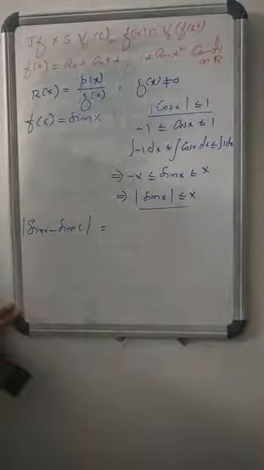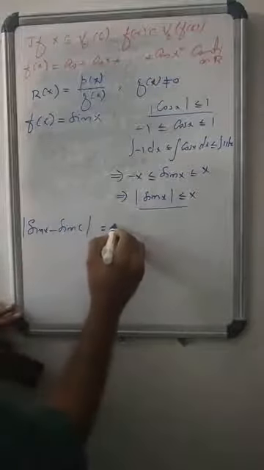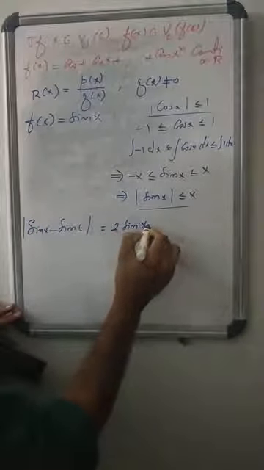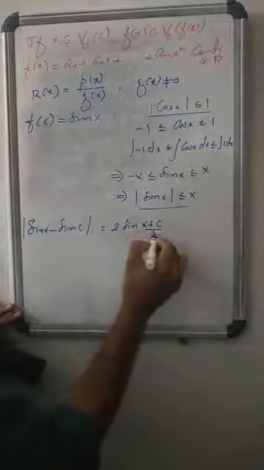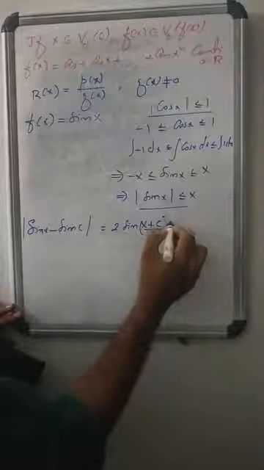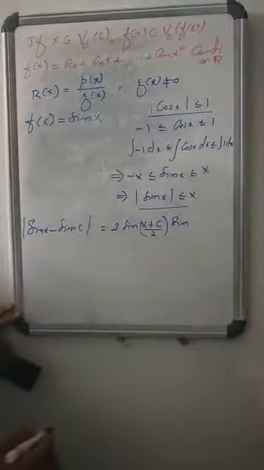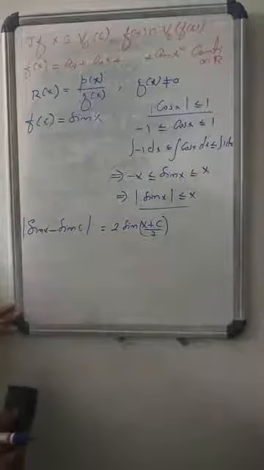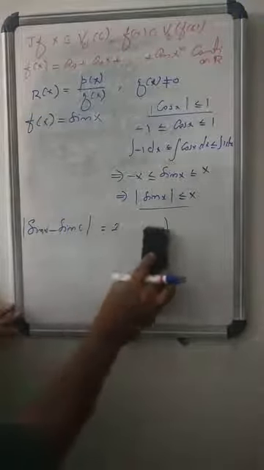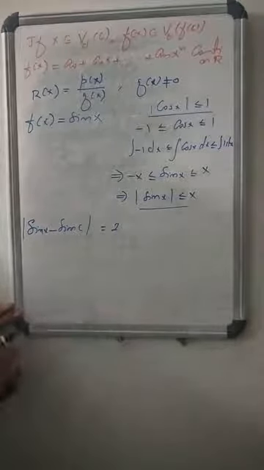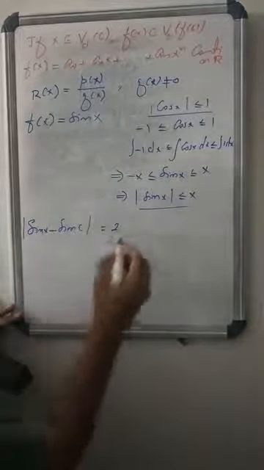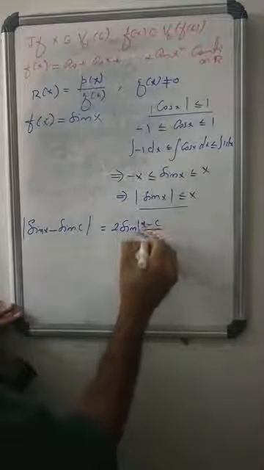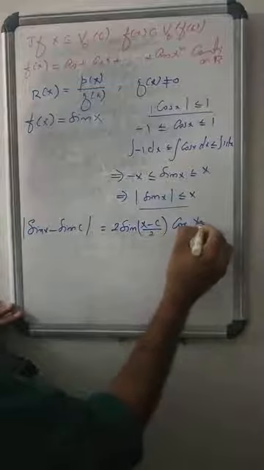Sin c minus sin d is 2 sin of (c minus d) by 2 into cos of (c plus d) by 2.